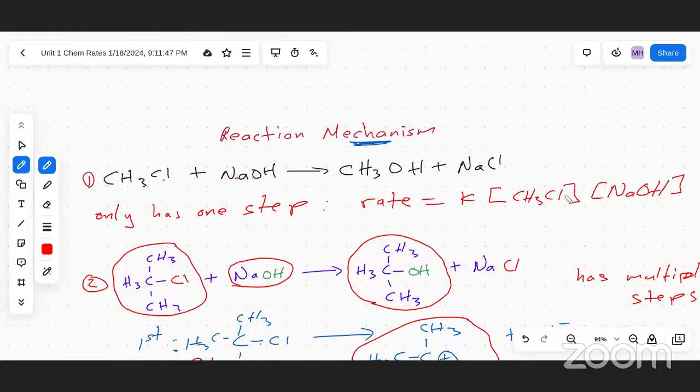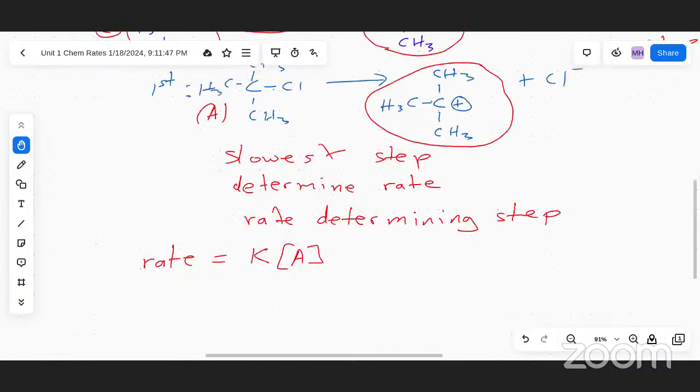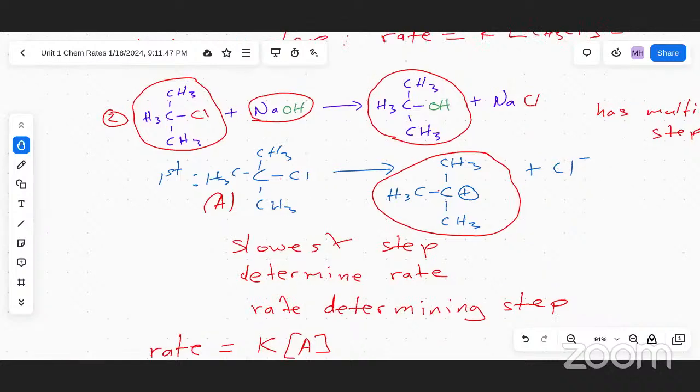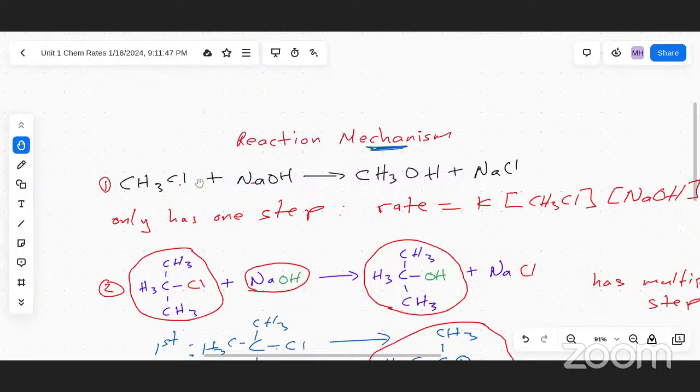That is why both of them are in the rate equation. So if you look down here, only this would be in the rate equation because only it is in the rate determining step. In this one, both of them are in the rate determining step, so both of them are in the rate equation.